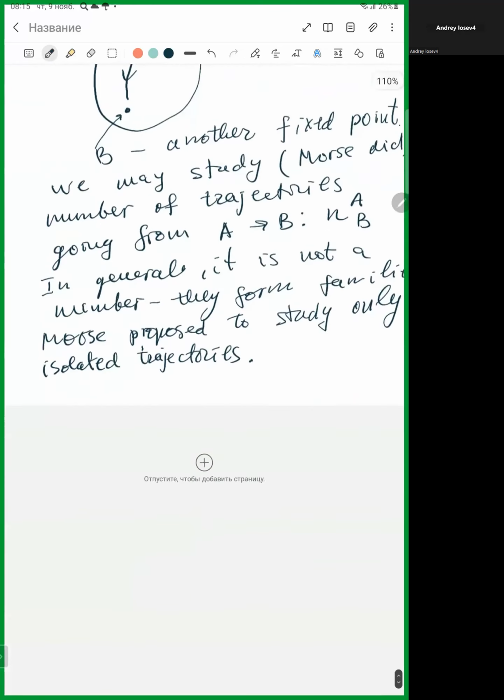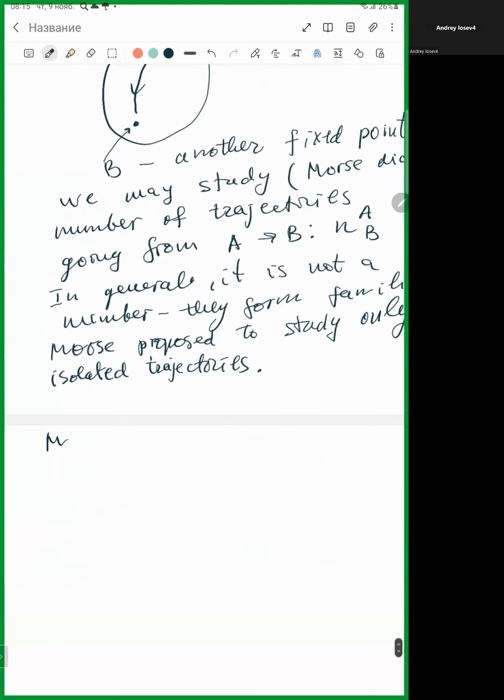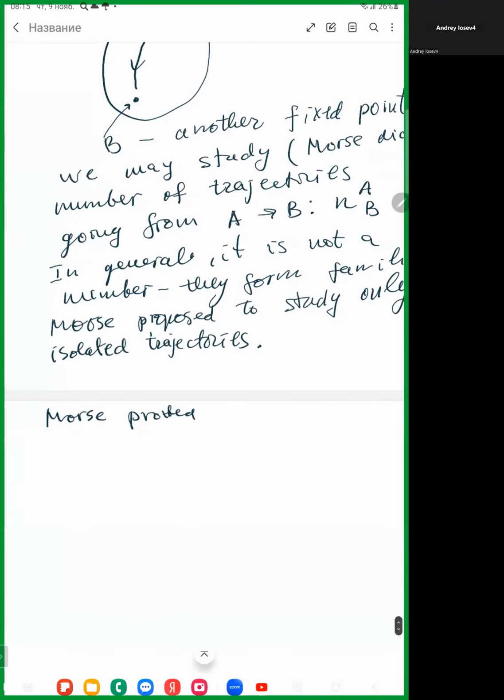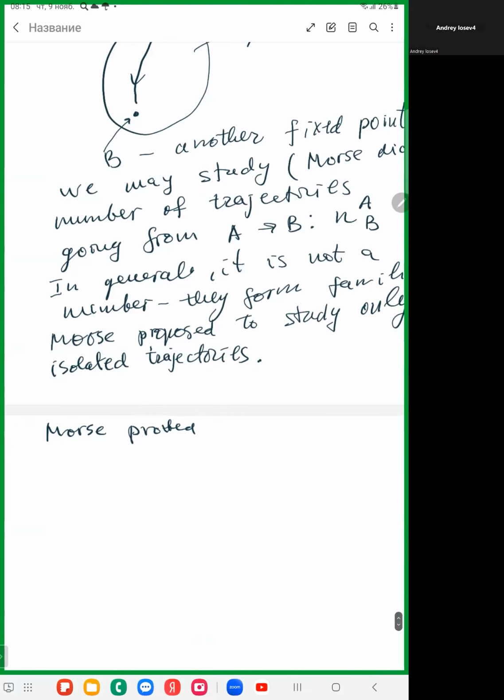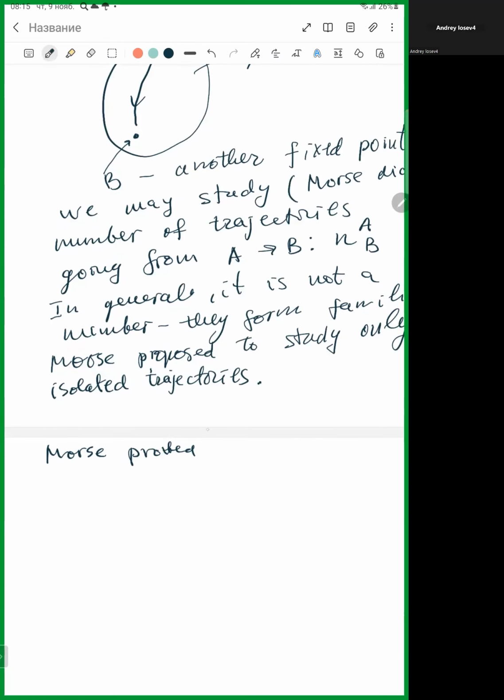And also Morse proved several things. Sum over B of NAB NBC equals 0.